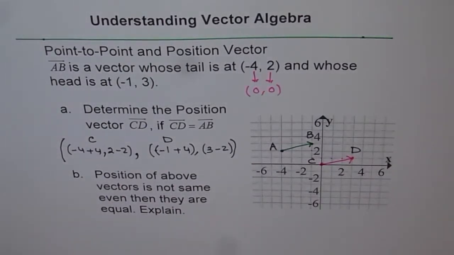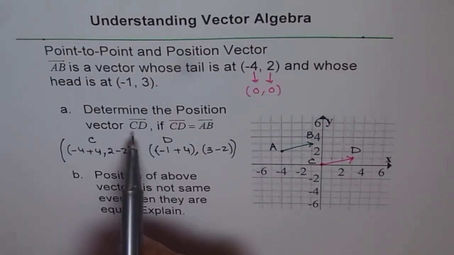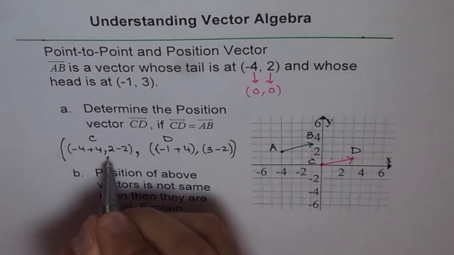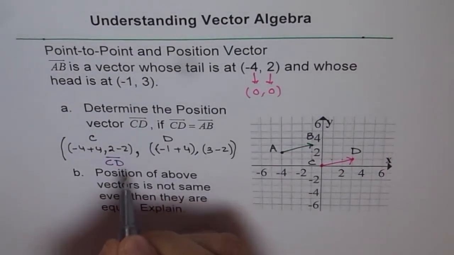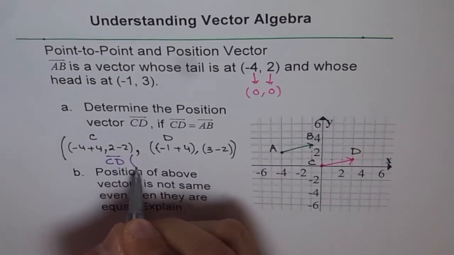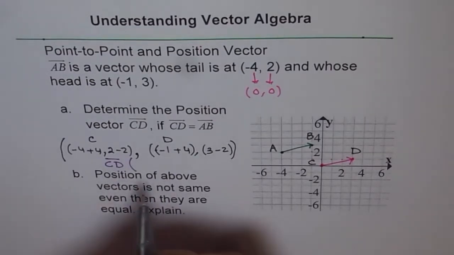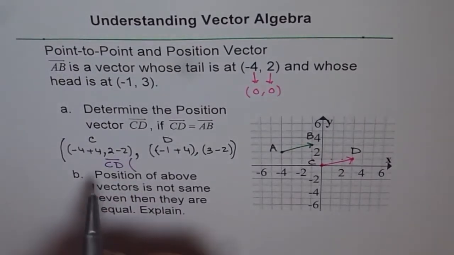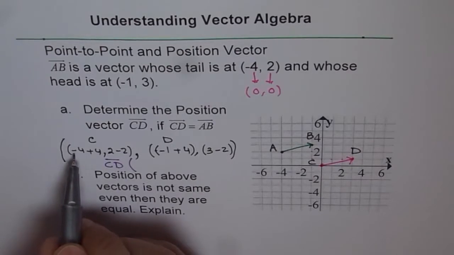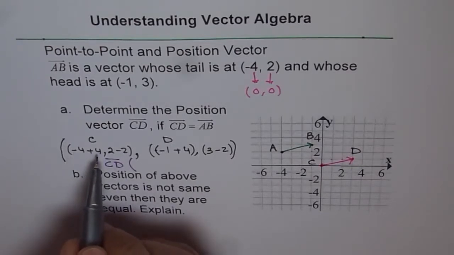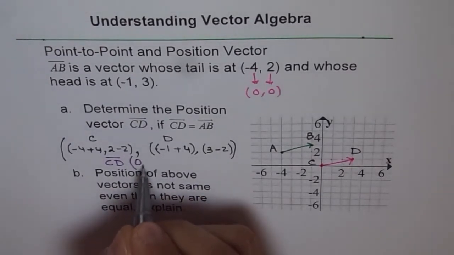Now therefore, I can write my answer, and my answer is that the coordinates of points C and D are, so I'll say vector CD is from the tail, so I'm writing tail first. That means C. Let's say tail C is -4 plus 4, which is 0, right? The whole idea was 0.